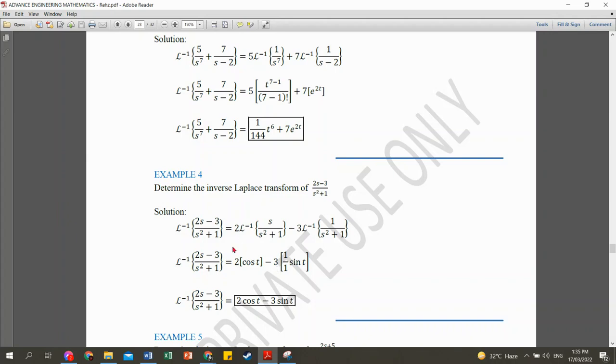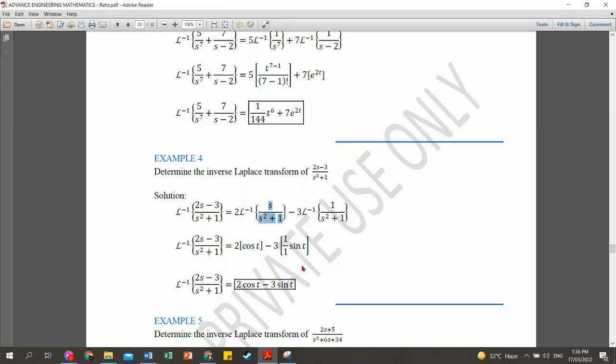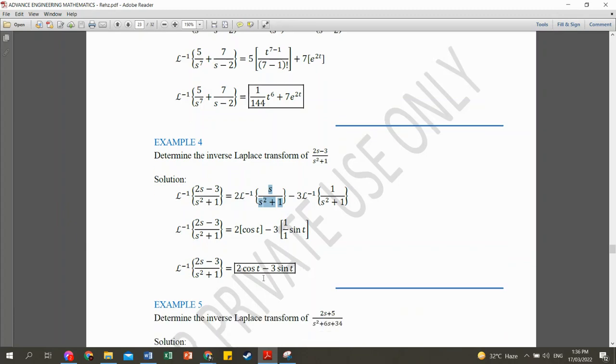So you now have 2 times the inverse Laplace of this, which is cosine at. Since a is 1, you have cosine t. And then we have minus 3 times 1 over a. The formula there is 1 over a times sine at, and since a is equal to 1, you have 1 over 1 sine 1t. So you now have 2 cosine t minus 3 sine t.